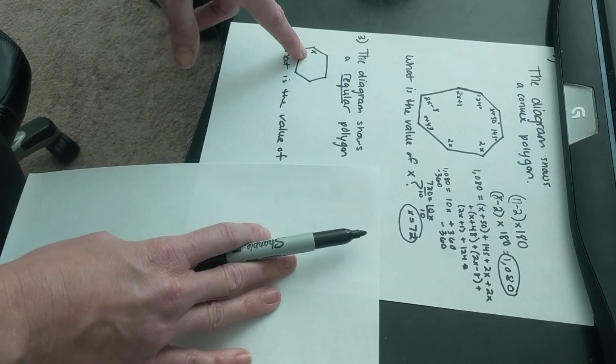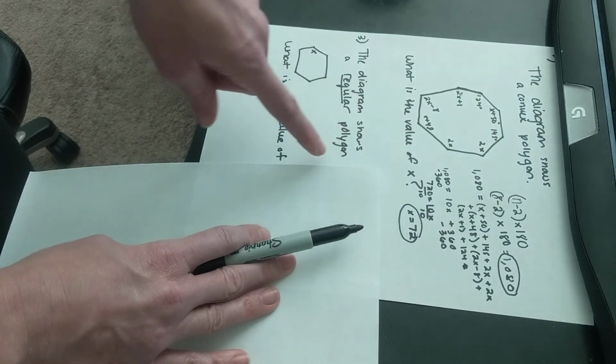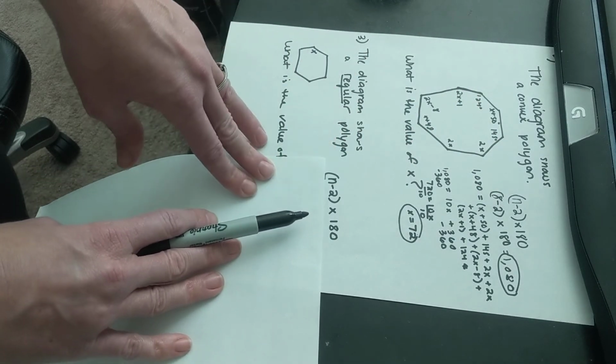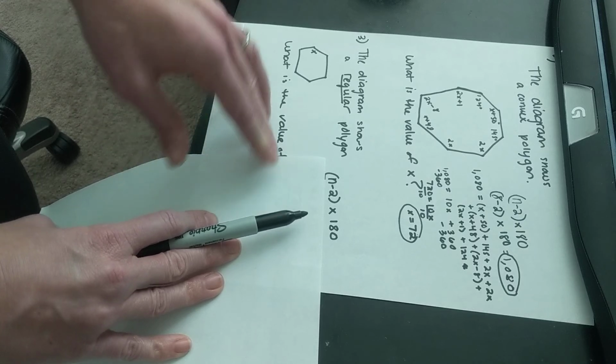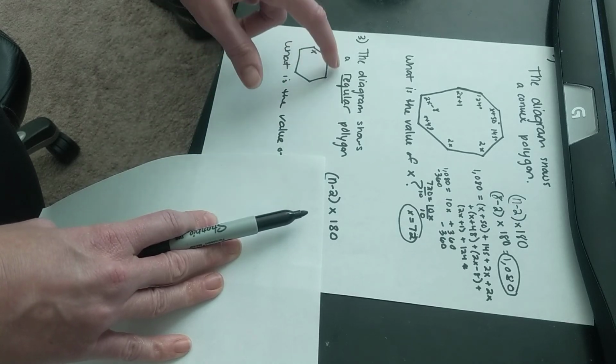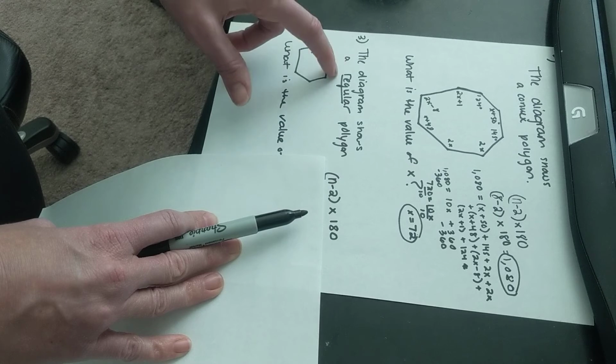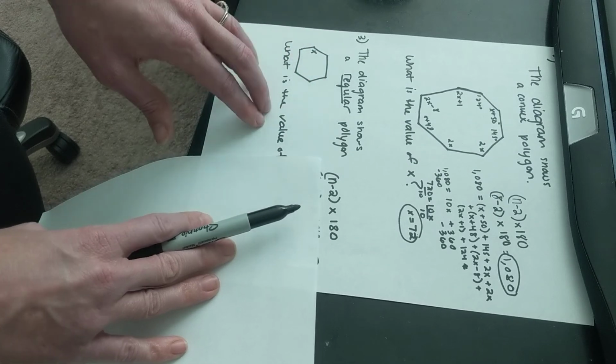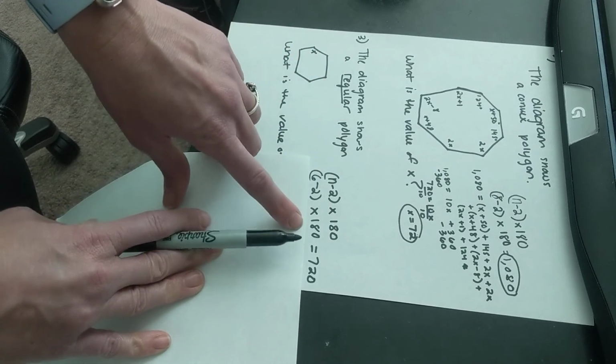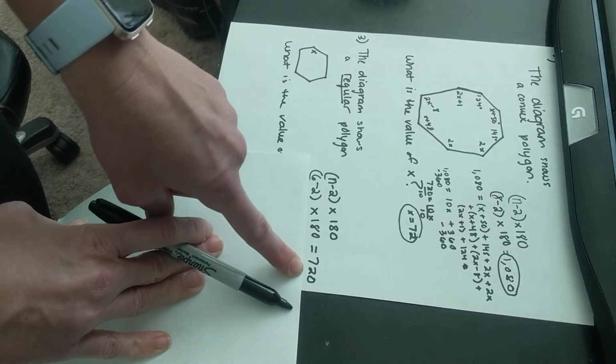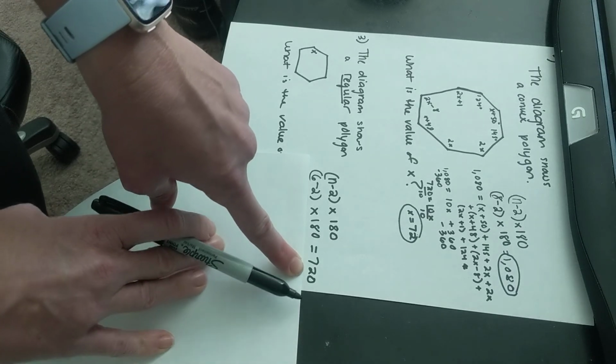So that tells me I use my same equation I've done before, n minus 2 multiplied by 180. The next step is count the number of sides. So I got 1, 2, 3, 4, 5, 6. 6 minus 2 multiplied by 180 gives me a sum of 720.